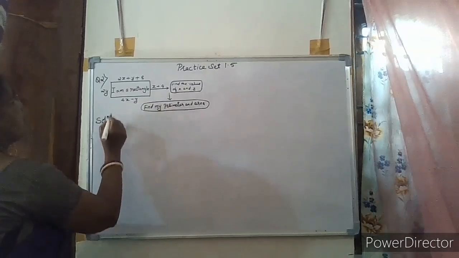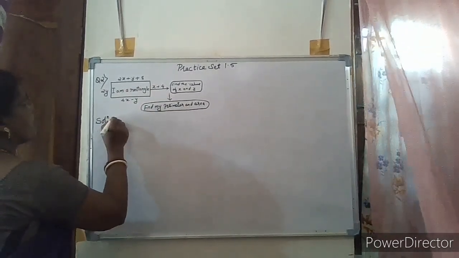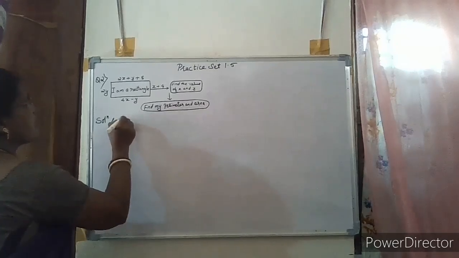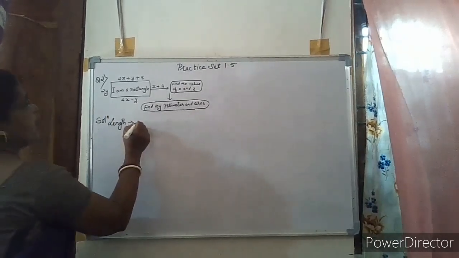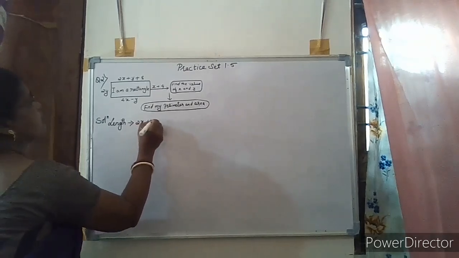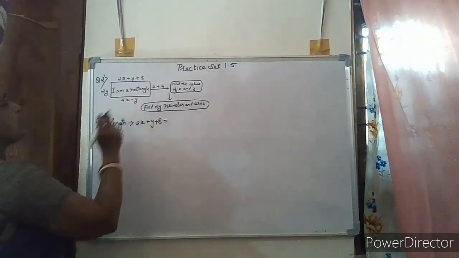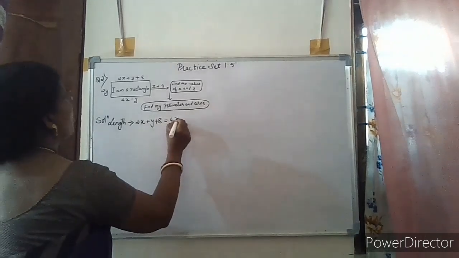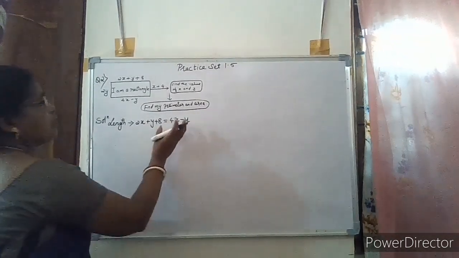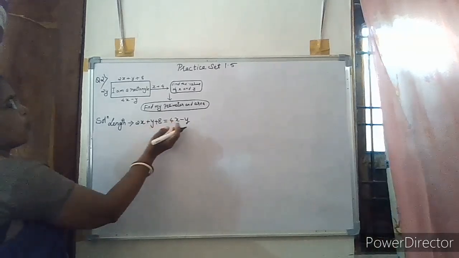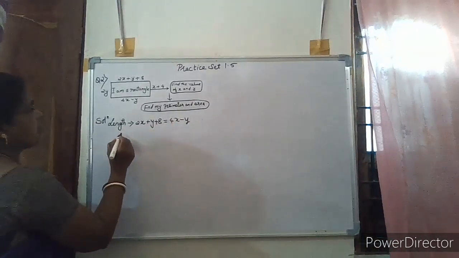So you have seen that the length is given. Length is given as 2x plus y plus 8, which is equal to the other length, 4x minus 1. Since they are equal, bring both the x and y terms to one side.